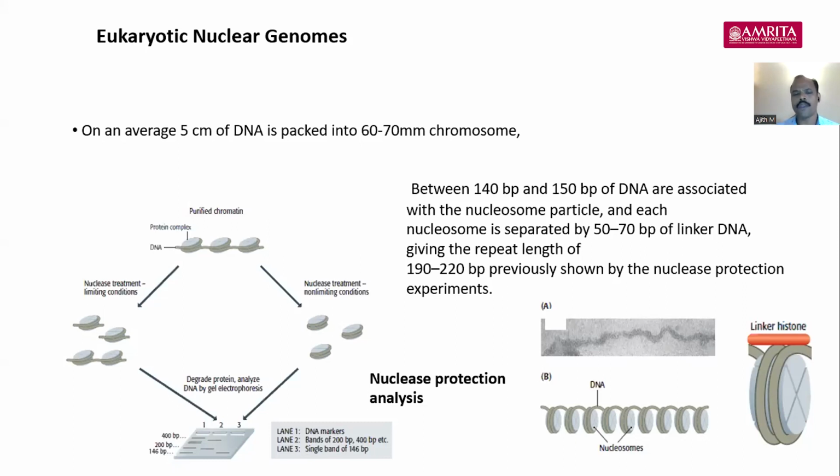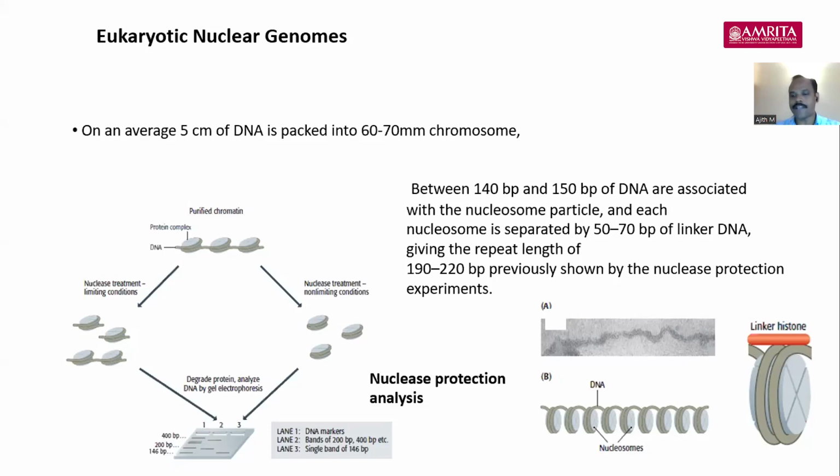In fact, I'm not going into the diagram on your left-hand side. It actually is the experiment to understand how much of DNA is condensed, how much of DNA is wound around the histone. It's a very simple experiment. It is called a nuclease protection experiment. Any DNA that is associated with the spool, which is made up of protein, is protected from digestion.